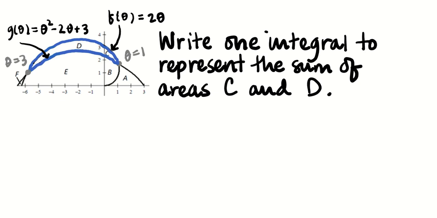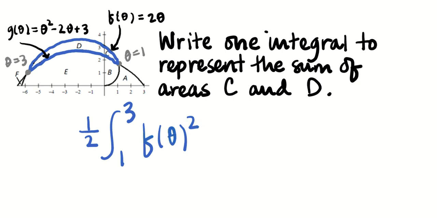If I wanted to do that, it's going to be an outside minus an inside, so it would be 1/2, and if I needed it to be one single integral, I'm going to be integrating from theta equals 1 up to theta equals 3. On the outside, I've got f of theta, and on the inside, I've got g of theta. And then that would be one integral that would represent the sum of areas C and D. Yeah, f squared minus g squared, because g's on the inside.